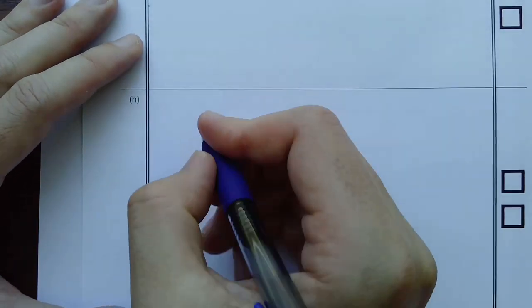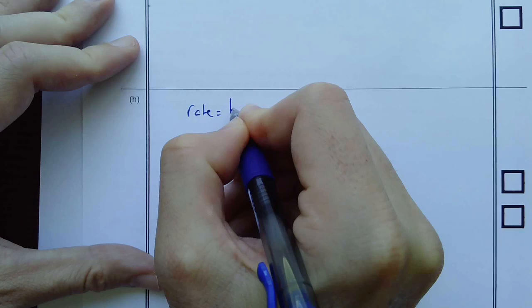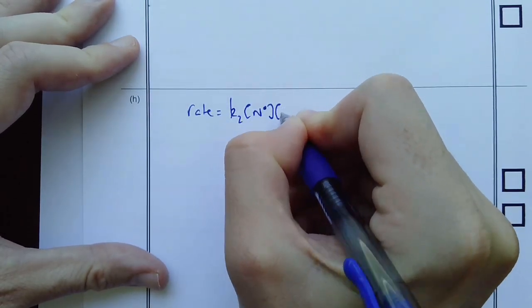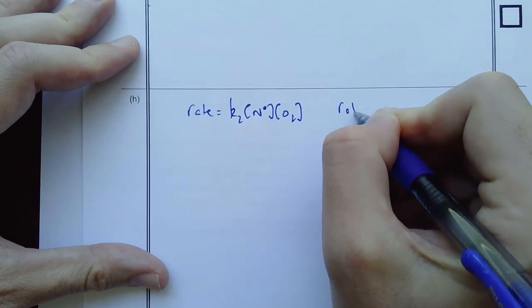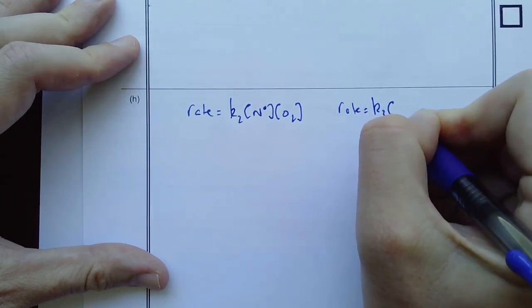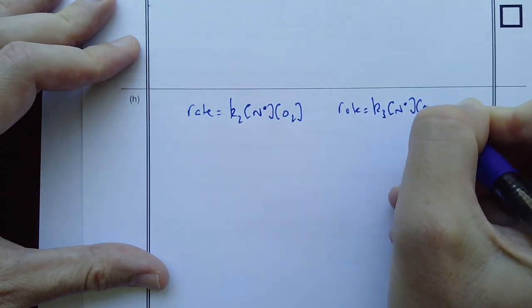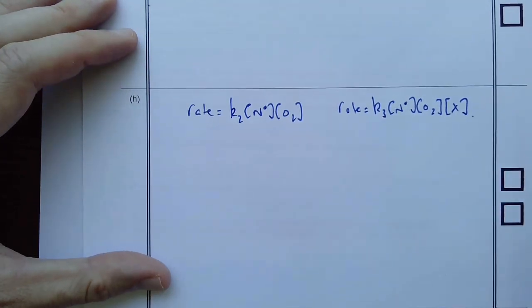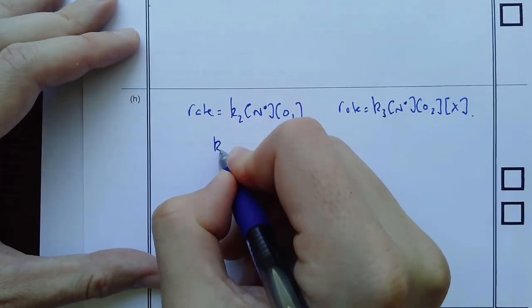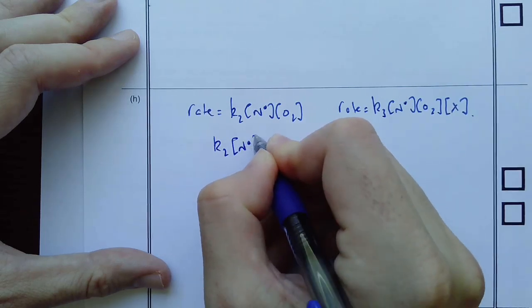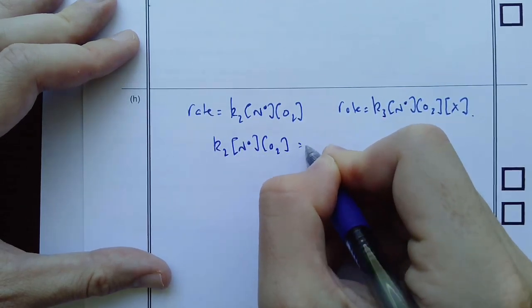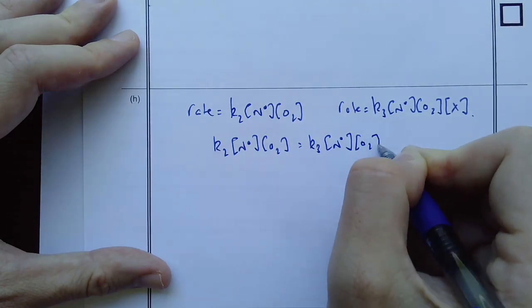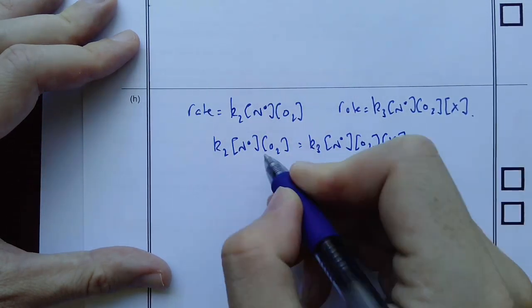So I can say if I've got rate equals K2 [N radical][O2] and rate equals K3 [N radical][O2][X], and those are going to be equal to each other, so I can get K2 [N radical][O2] equals K3 [N radical][O2][X].